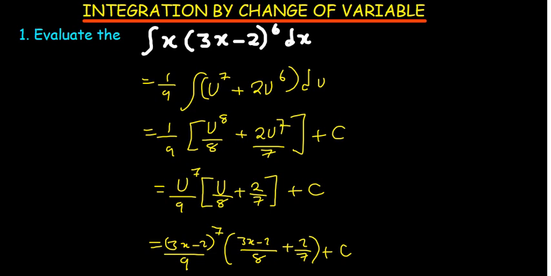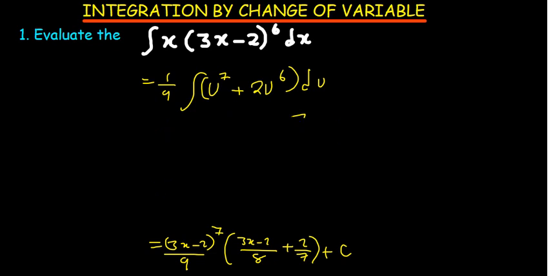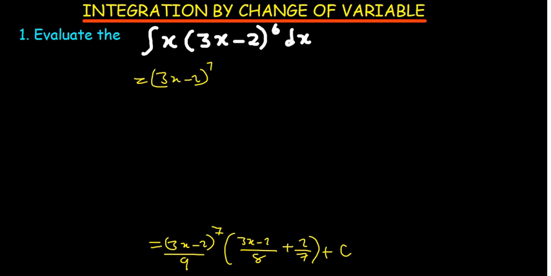We can simplify this one more, and that is going to be equal to (3x minus 2) to the power 7 divided by 9, and here 7 multiplied by this thing on top, that is going to be 21x minus 14, and then 8 multiplied by 2, that will be 16, and then in the denominator we're going to have 8 multiplied by 7, which is 56.